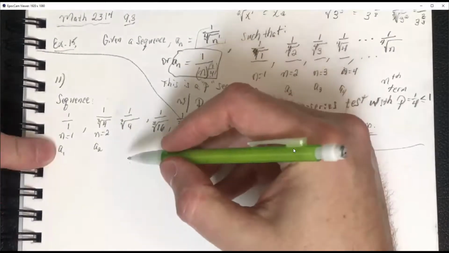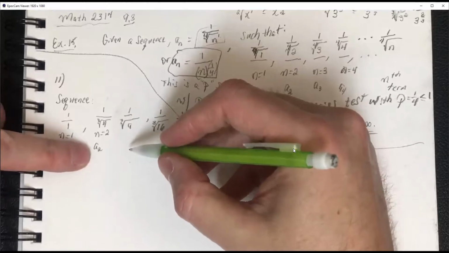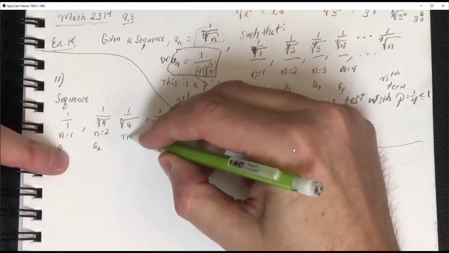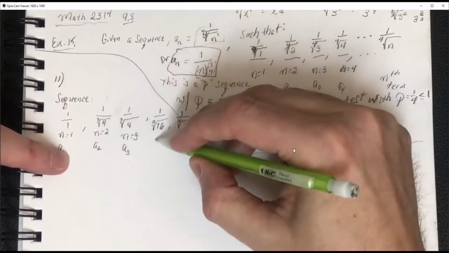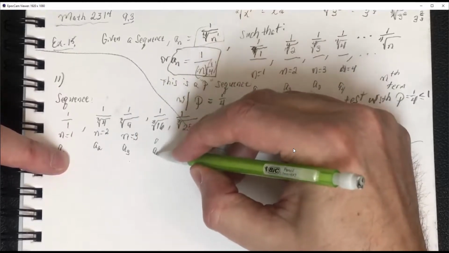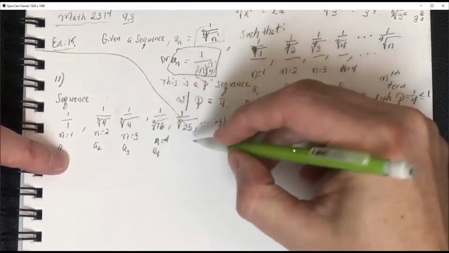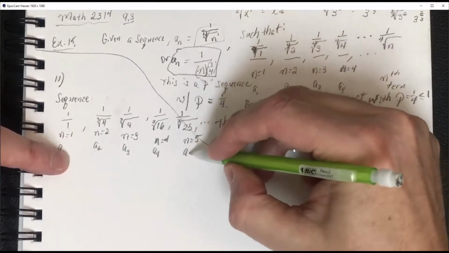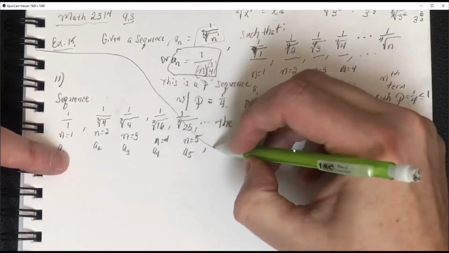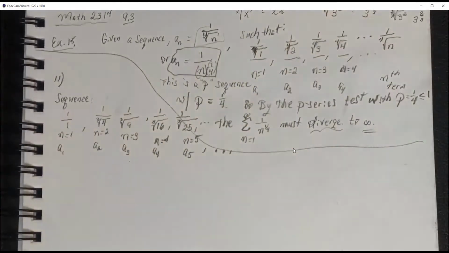And this is the first term when n equals 1, or a sub 1, and so forth.